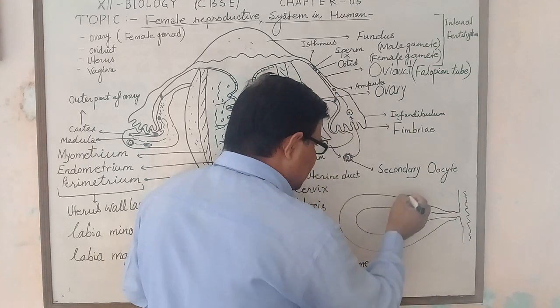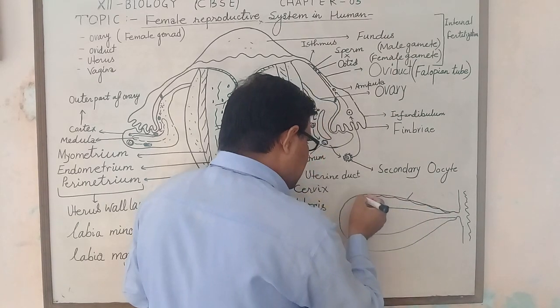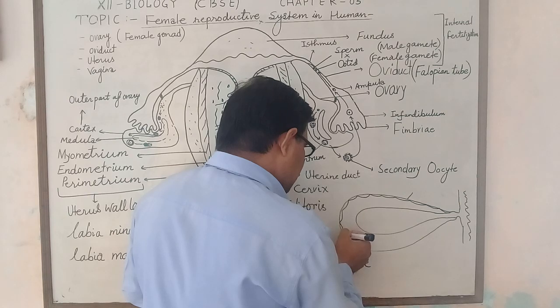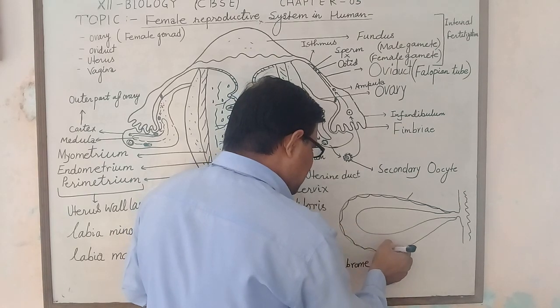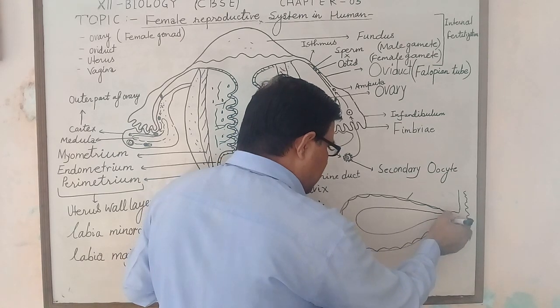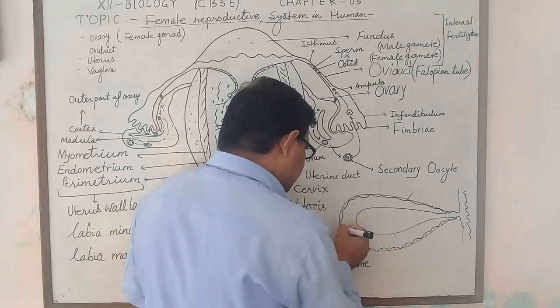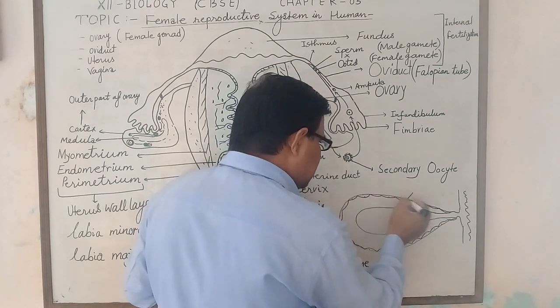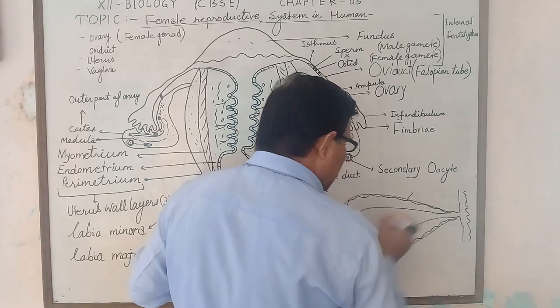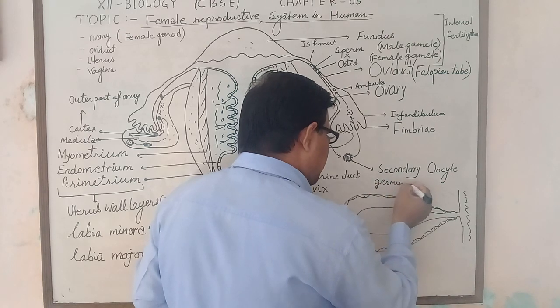The outer part, which is called the cortex, generally has squamous epithelium, and this squamous epithelium on the outer layer of the cortex is called germinal epithelium.